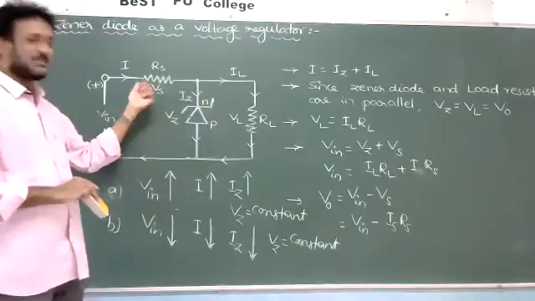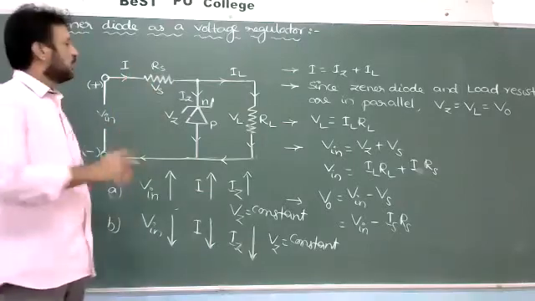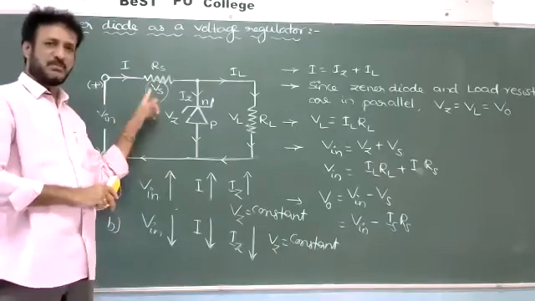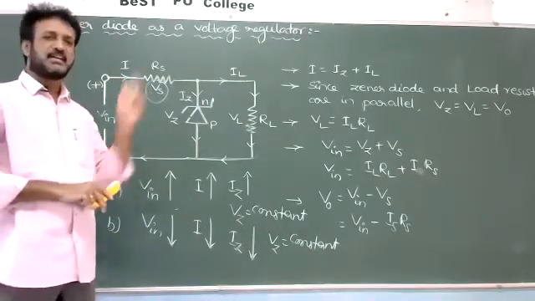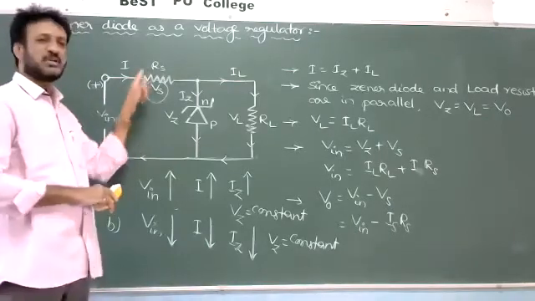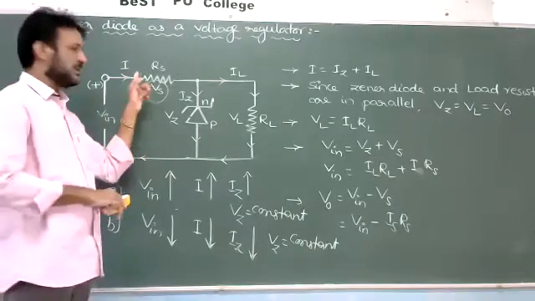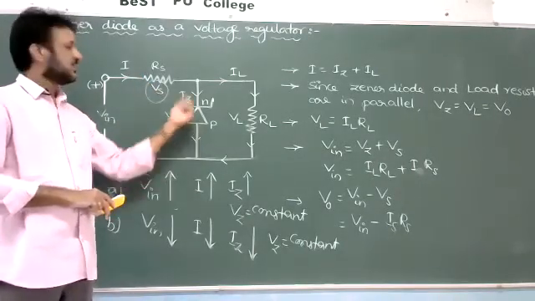But what parameter changes in case of the series resistance? When current increases, voltage drop increases. More voltage will be dropped. When input voltage decreases, current also decreases, and less voltage will be dropped. So voltage can be controlled by the series resistance. Current can be controlled by the Zener diode.